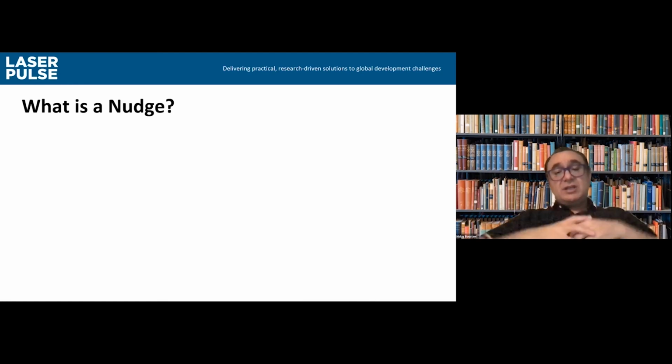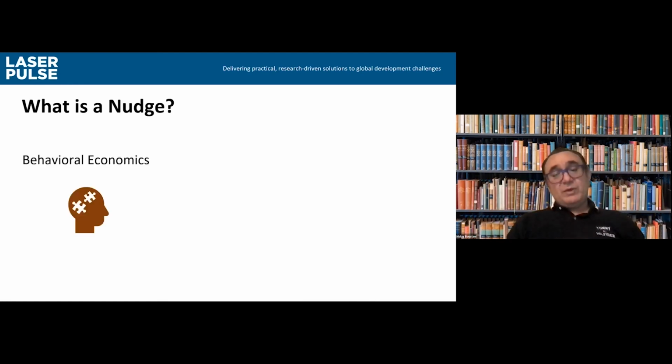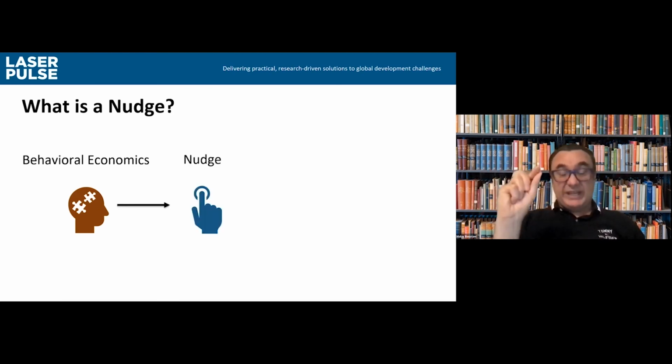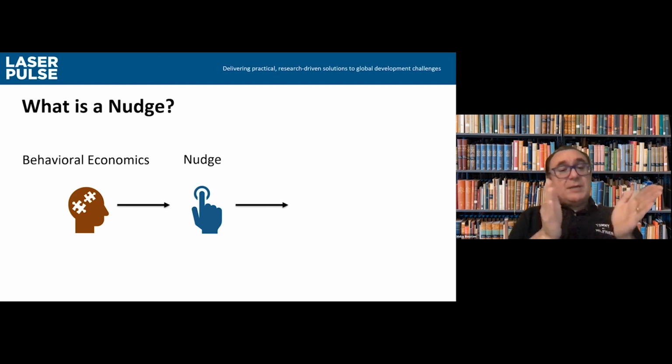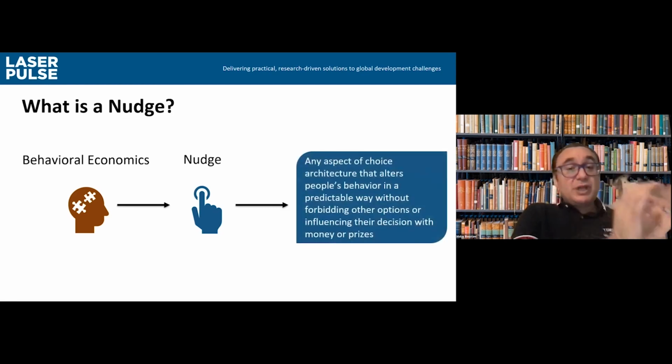What is a nudge? We can define it as any aspect of choice architecture, a modification in the physical, digital, or social environment, that alters people's behavior in a predictable way, but without forbidding other options.